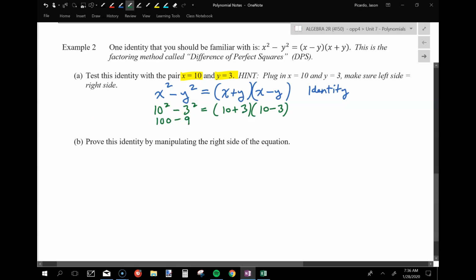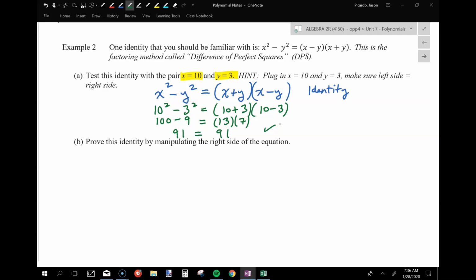What's 100 minus 9? 91. Equals 10 plus 3 is 13 times 7. And guess what? 13 times 7 equals 91. And so, yes, this is an identity.